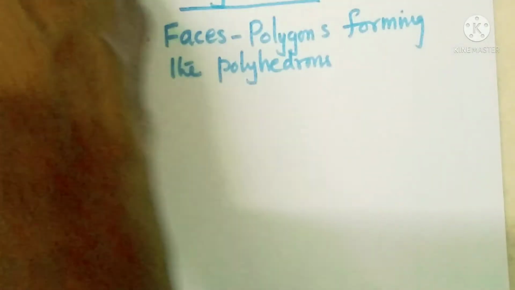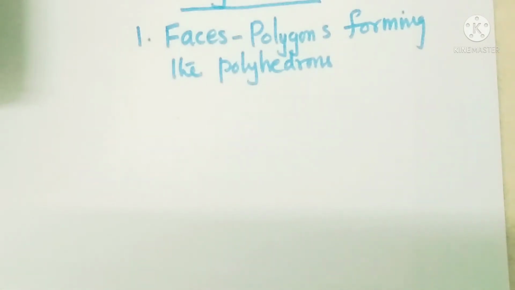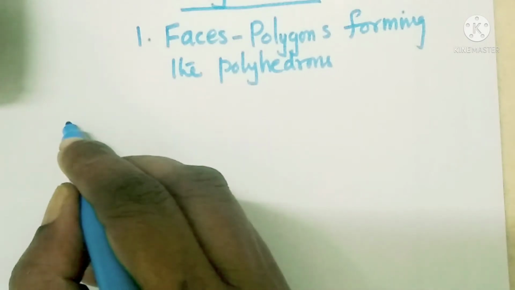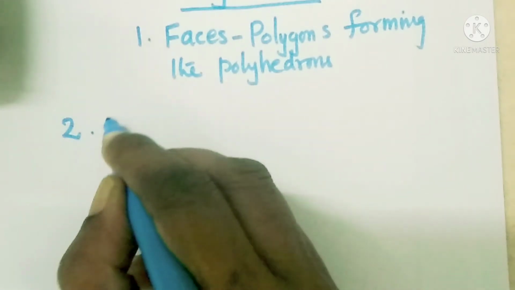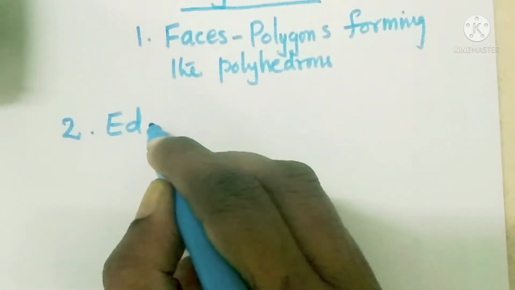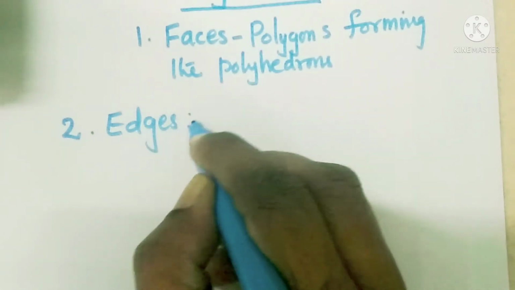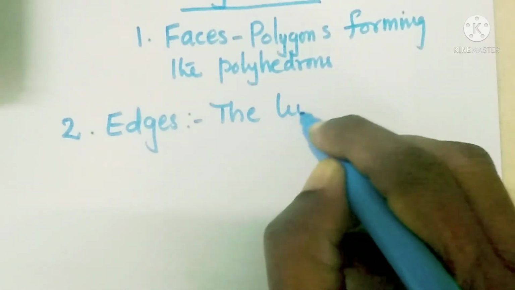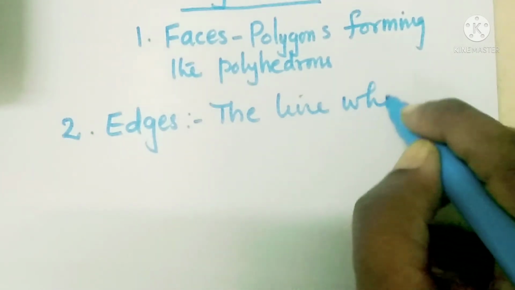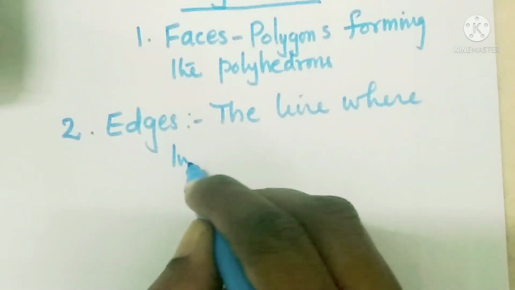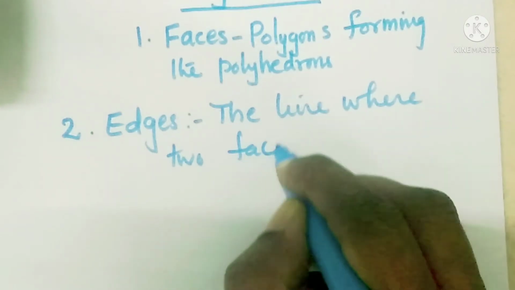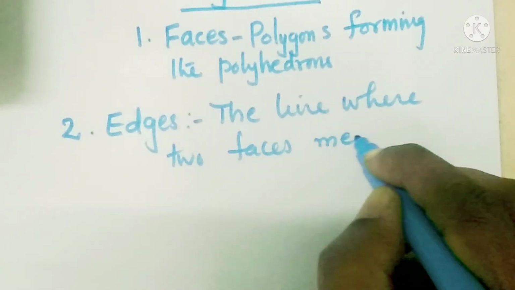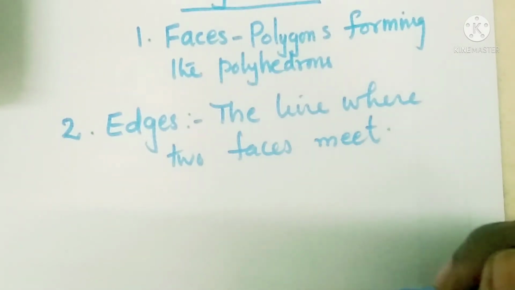So, what are edges? Edges are the line segments. What are they called? Edges. E-D-G-E-S. Edges are the lines where two faces meet or intersect.